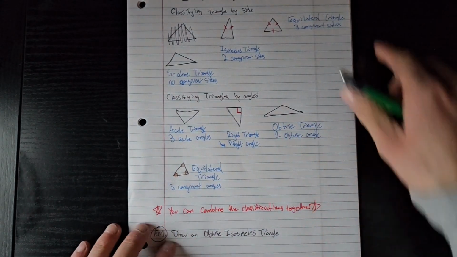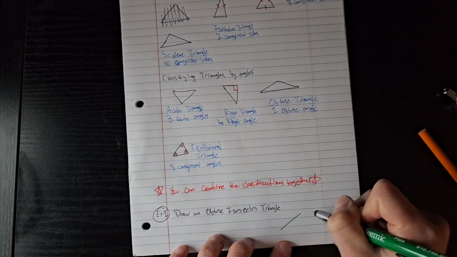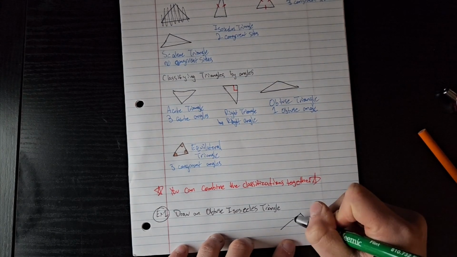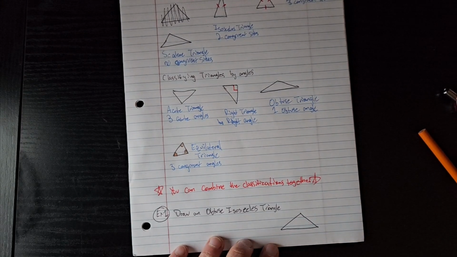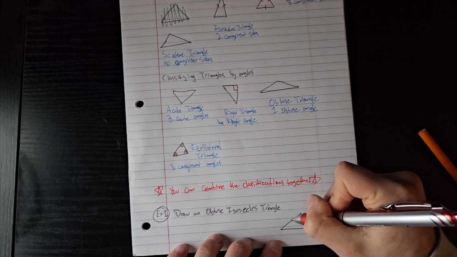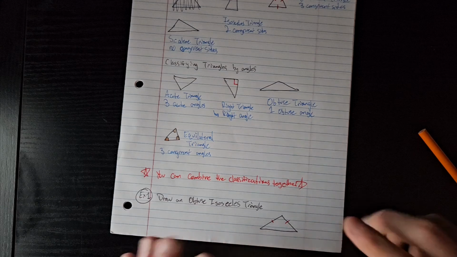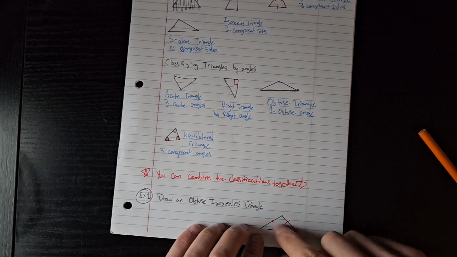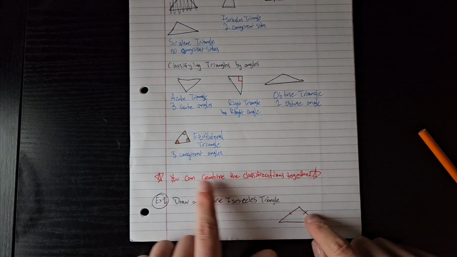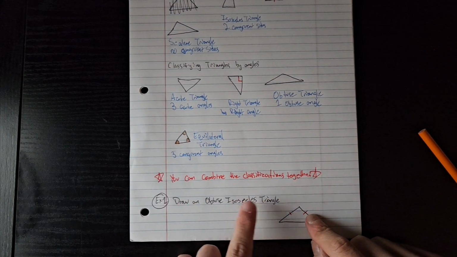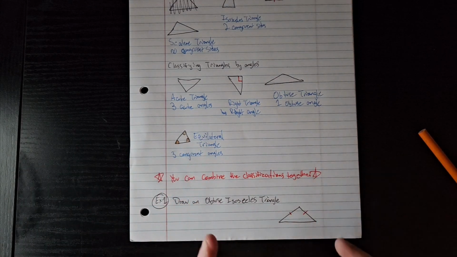So that means we need to draw a flat triangle, not a flat triangle. We have to draw an obtuse angle, and these two sides have to be the same length. So I have to add the tick marks up here, and you could gauge at that point, yes, this is an obtuse angle, and we have the two congruent sides, so that covers our obtuse isosceles. So we combine two of the classifications together to make a triangle.